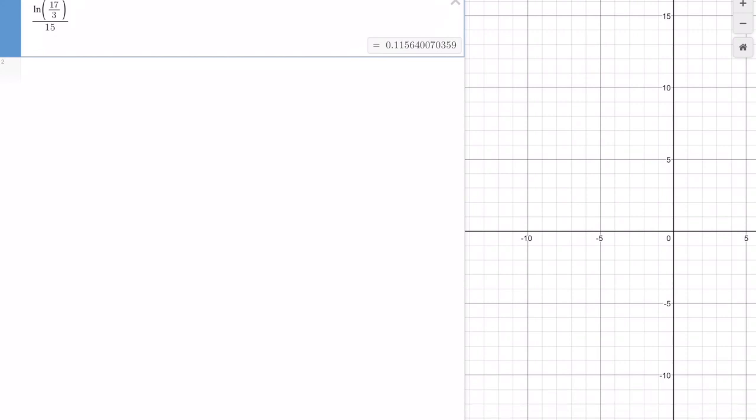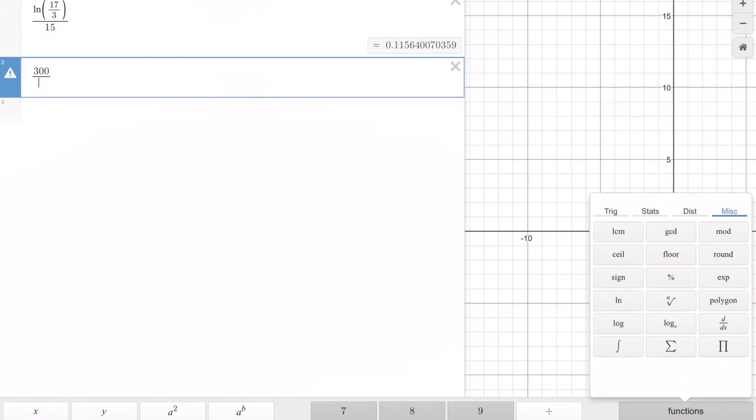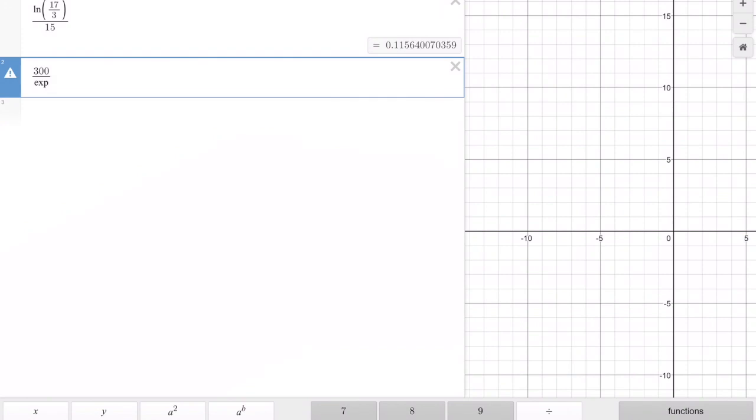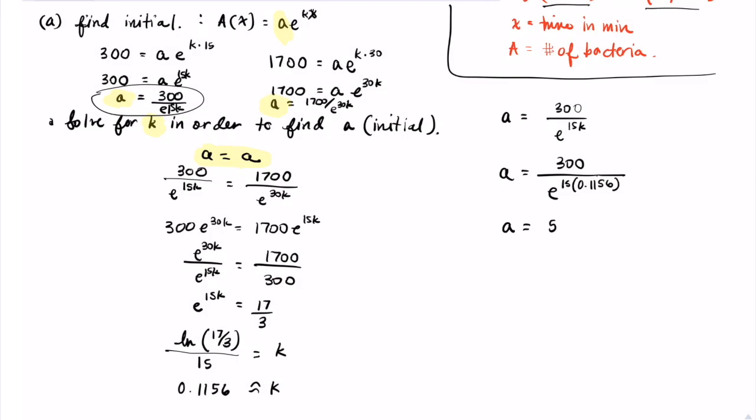So if I put that in my calculator, 300 divided by e to the 15 times 0.1156, that'll be 52.97. Great, so this is the first part.